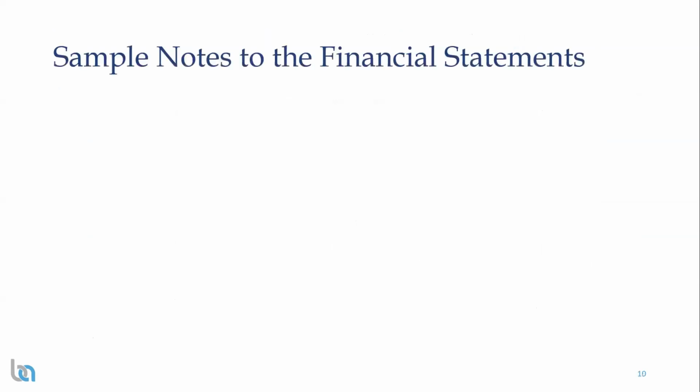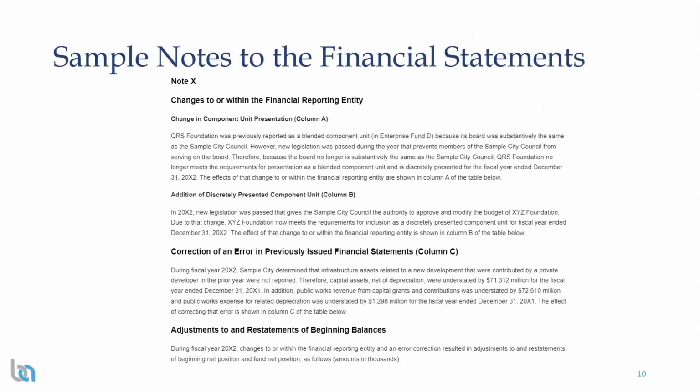All right, and then just a sample note disclosure. So here you can see the narrative part, and it's basically explaining that when you have a change in the component unit, you need to have a paragraph explaining really what happened, what kind of change. If you have an error correction, you need to disclose what the line items that were impacted are and describe the adjustment.